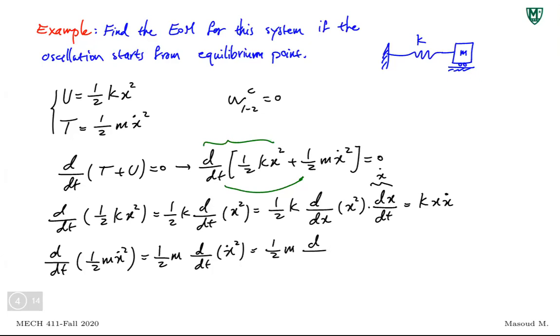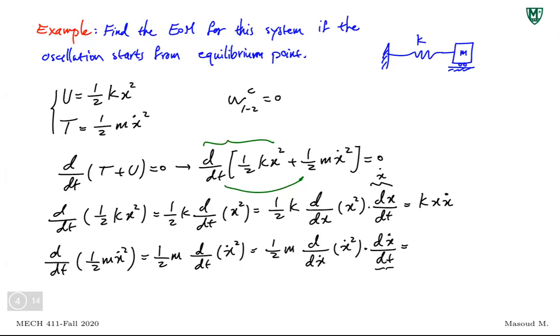I would say d dx dot of x dot squared times dx dot dt. Instead of taking the derivative with respect to time of velocity, which is a function of time, I just use the chain rule. Now dx dot dt becomes x double dot.